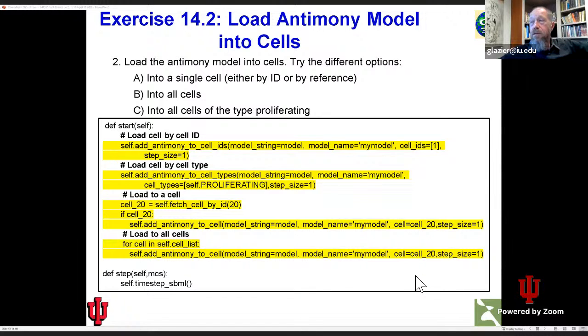Notice the only thing that you need to do here, there's actually a typo in my slide. I apologize. It's a cut and paste error. This should just be cell equals cell here. I cut and pasted the line above it.